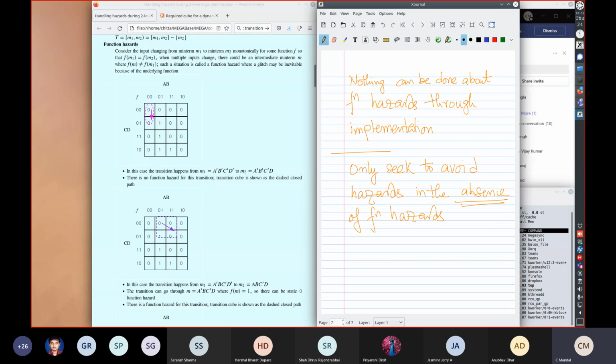All right, so this is the first important thing, that we seek to avoid hazards only when you do not have a function hazard.